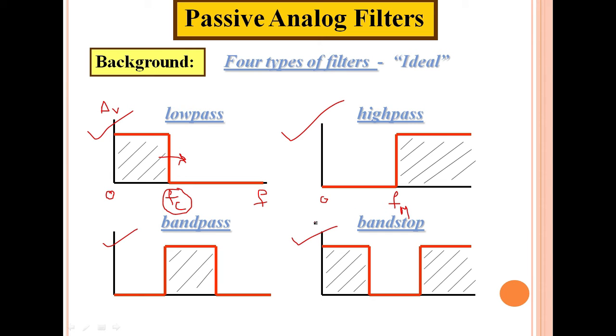Means at a lower cutoff frequency the circuitry attenuates, or opposes the flow of the signal, which is called the high pass filter. And above the cutoff frequency all the signal is able to pass through into the circuitry. This is called the high pass filter.